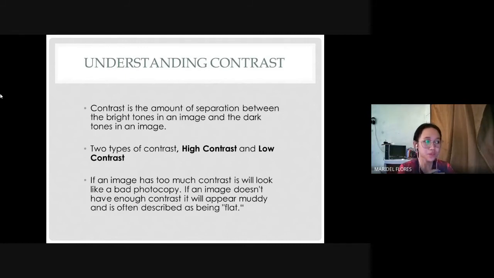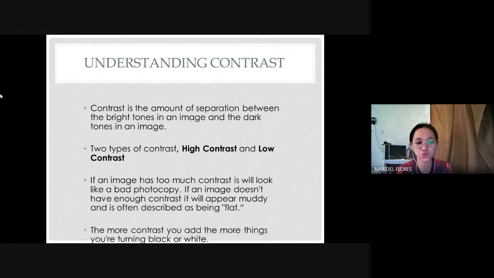So naay tendency nasakit siya sa mata, di ba? Mahimong murag pixelated ang imuhang image. However, if gamay lang pud kayo ang contrast na imuhang na-add, naay tendency na the picture would come out boring or dili siya pleasing sa mata, mainly because wala kayo kay na-enhance sa iyang mga feature gamit ang contrast.